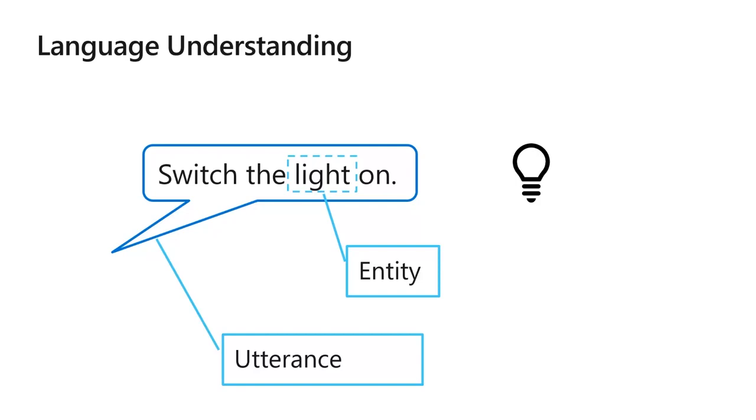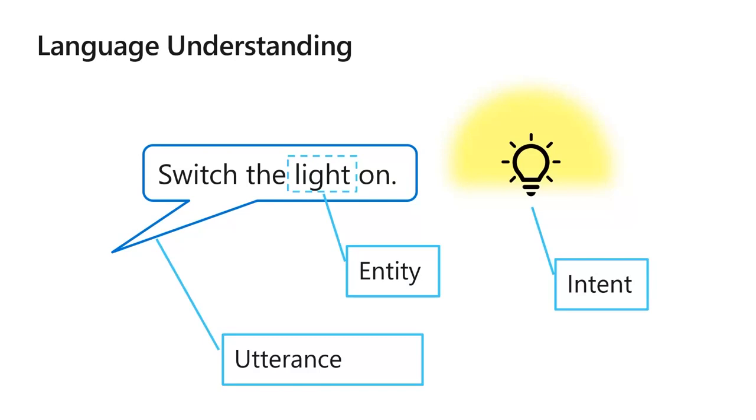Voice assistant, turn the music on, could also be something. So light or fan are entities. So utterances and entities, and the last one is the intent. Because what do we want to do with it? What is our intention? The intent identifies the desired action for an utterance.